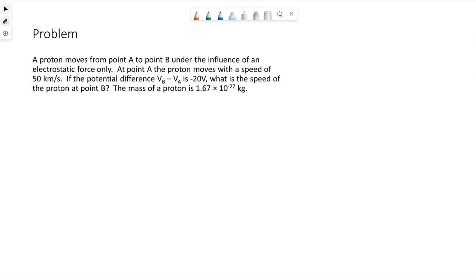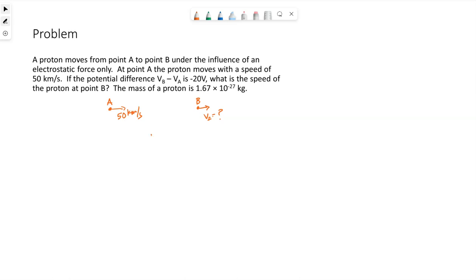All right, so I'm going to do a little sketch here. So my point A, my proton I know is moving at 50 kilometers per second. Point B, we want to know how fast it's moving.